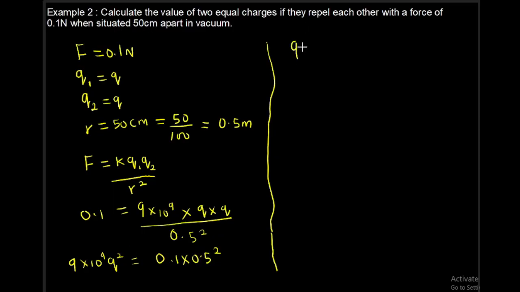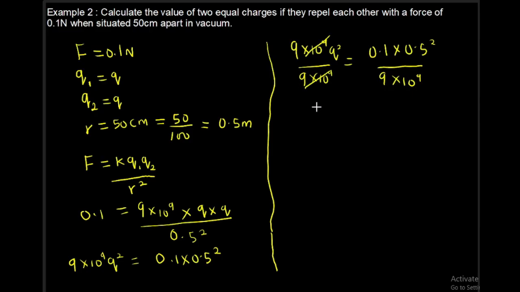So we have 9 times 10 raised to the power 9 Q squared, divided by 9 times 10 raised to the power 9, equals 0.1 times 0.5 squared divided by 9 times 10 raised to the power 9. This we cancel out, and then we'll be left with just Q squared equals this divided by this. So use our calculator now.